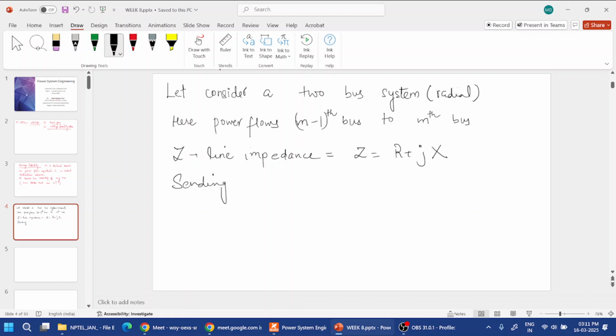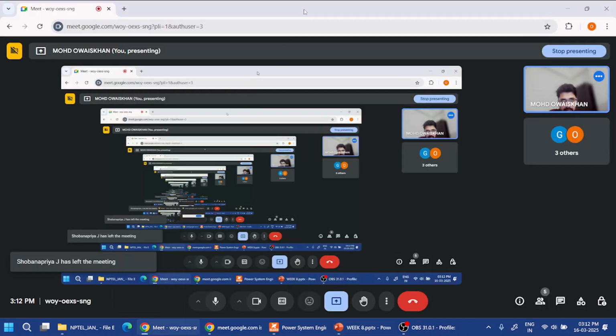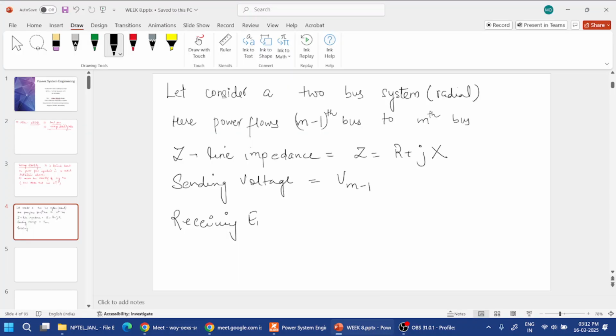Sending end voltage, let's say, is Vm minus 1. Receiving end voltage, let's say, is Vm. And power demand at bus m, let's say, is Pm plus jQm.